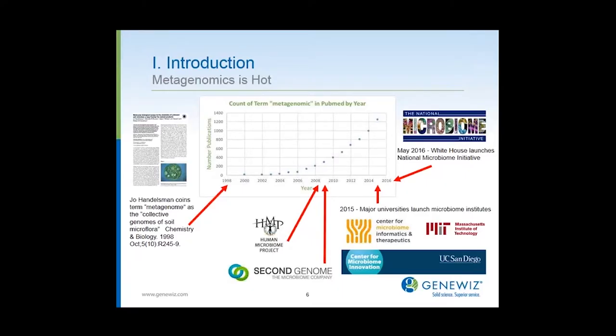In 2015, various major universities launched microbiome initiatives, whether it's the Center for Microbiome Informatics and Therapeutics at MIT or at other places. Finally, just last month, the White House launched the National Microbiome Initiative, which we'll talk more about soon.